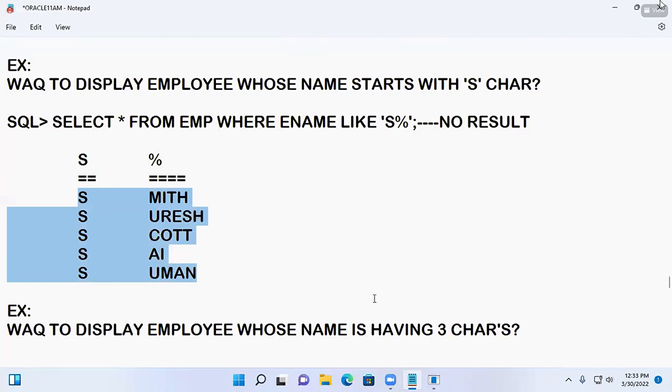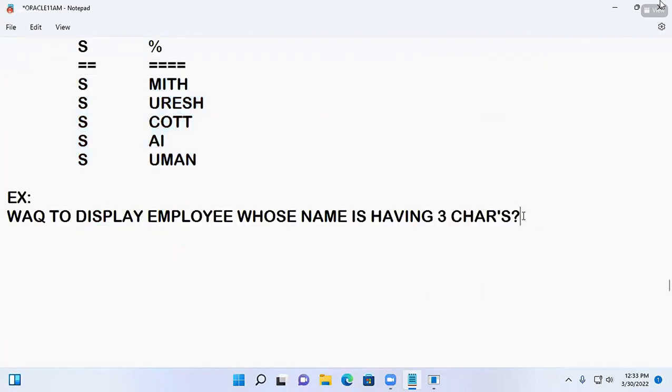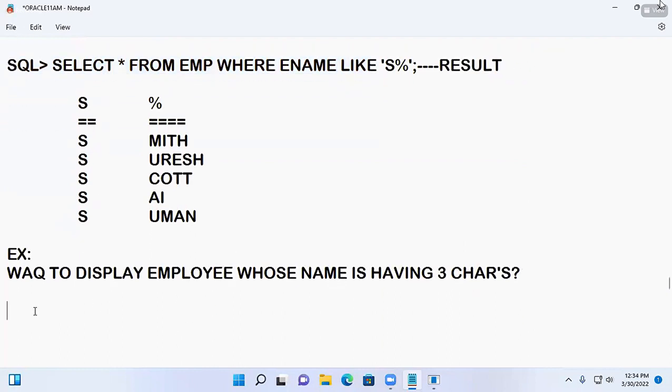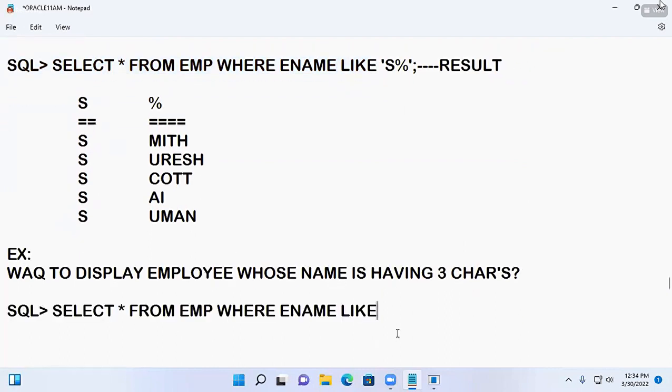Okay. So now how can we write here? For different spellings, you have to write like this. Ename, and the first underscore counting 1 character, the second underscore counting 1 more character.